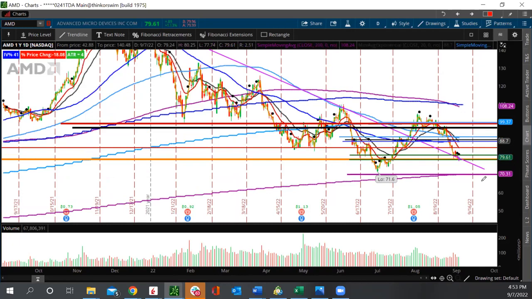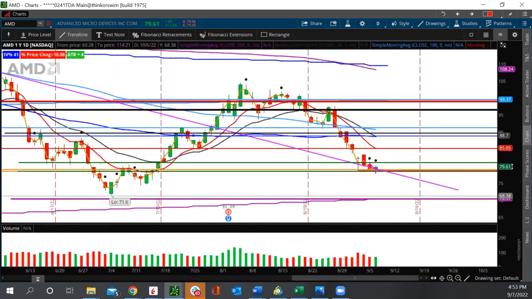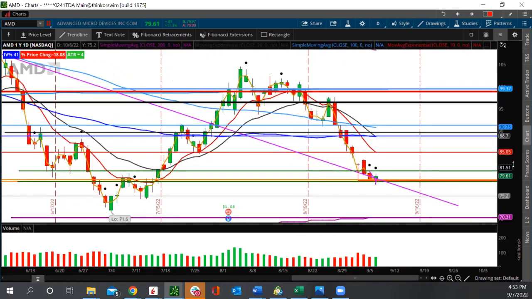Now, what happens to previous resistance when it gets broken? Throw it in the chat. Yeah, previous resistance should become support.